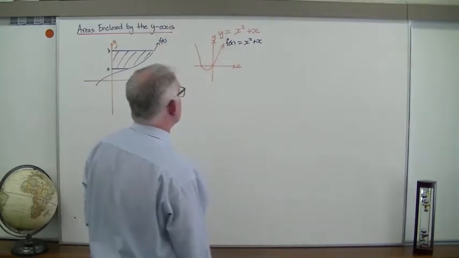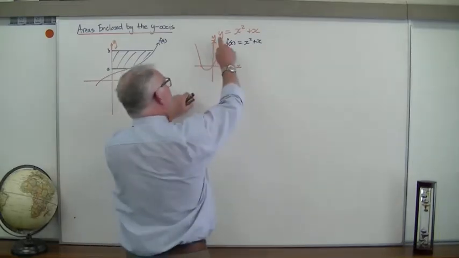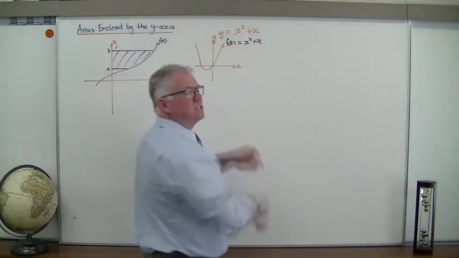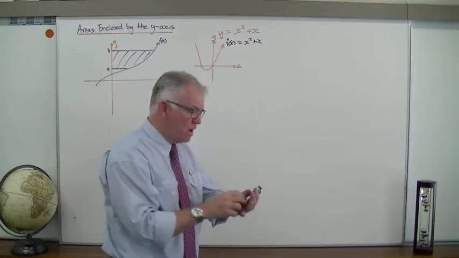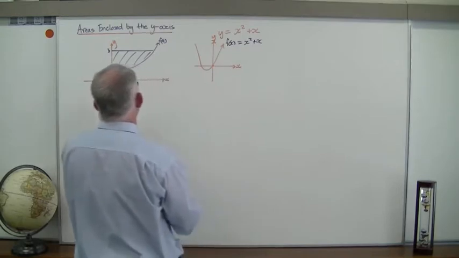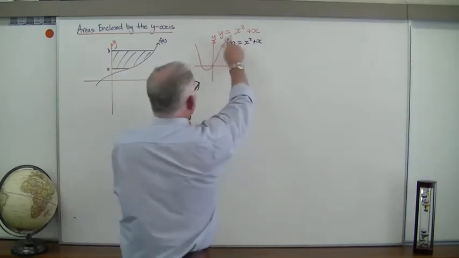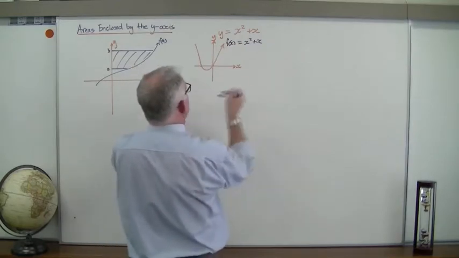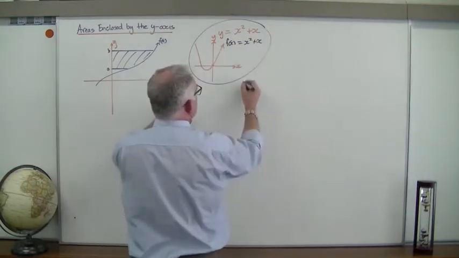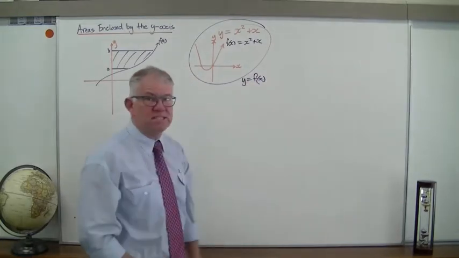But now, instead of thinking of y equaling a function of x, we need to think of it the other way around. What we really want to do now is look at this as being x equals a function of y. From this, we're kind of saying y equals a function of x. That's what that's telling us.